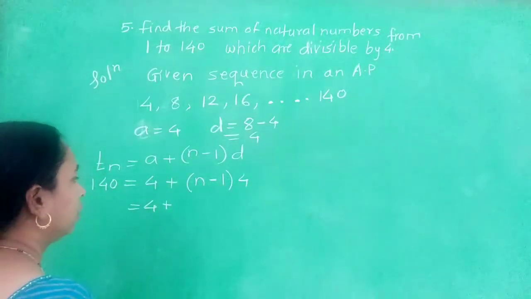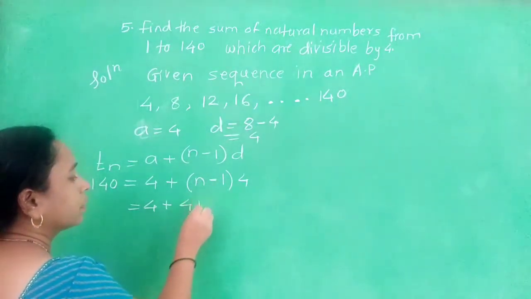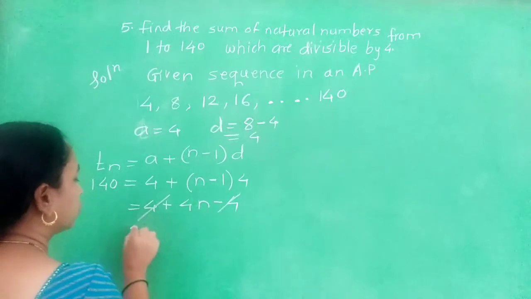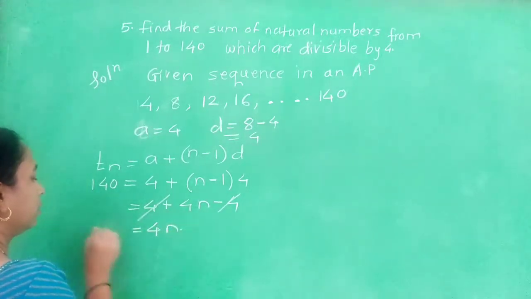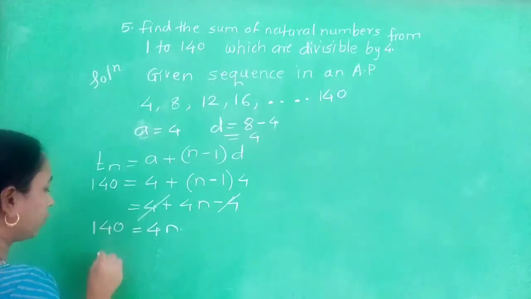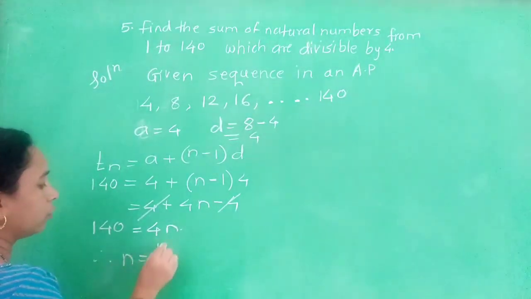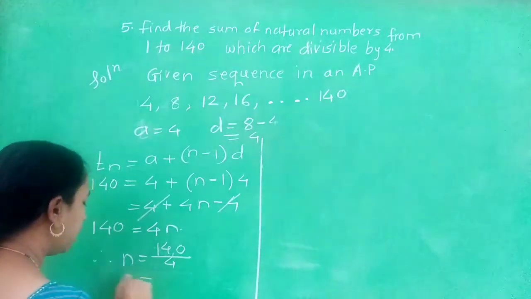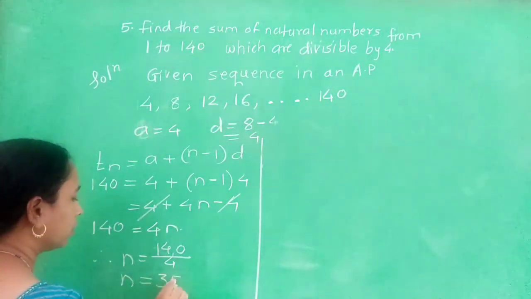So 4n minus 4. 4 minus 4 will be cancelled. So you will get the answer 4n equals 140. By 4 you can divide 140. Therefore n is equal to 140 upon 4. If you divide it, you will get the answer n is equal to 35.